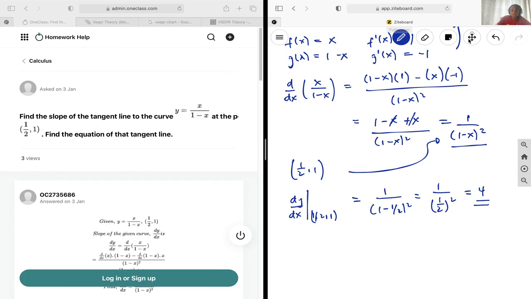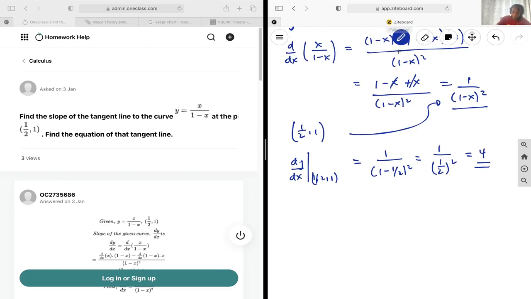In order to find the equation of the tangent line, we just write down the general equation for finding the equation of a line, and that is going to be y minus y1 is equal to m times (x minus x1).